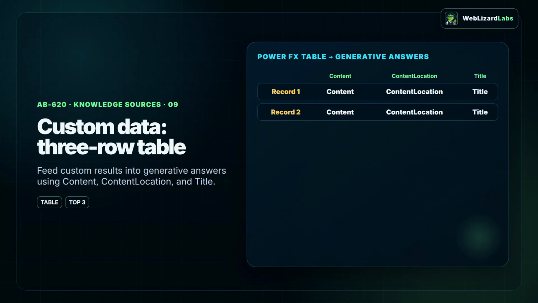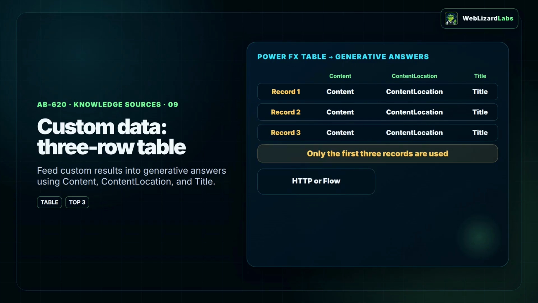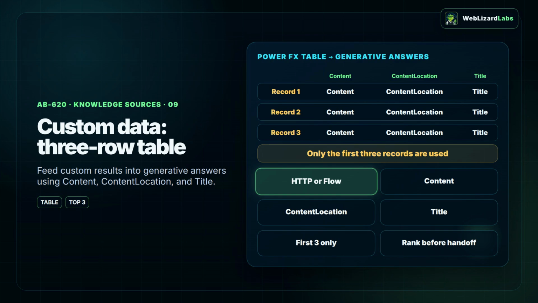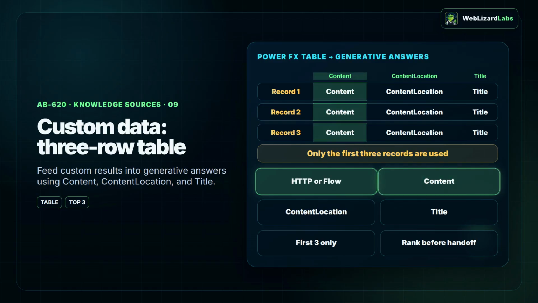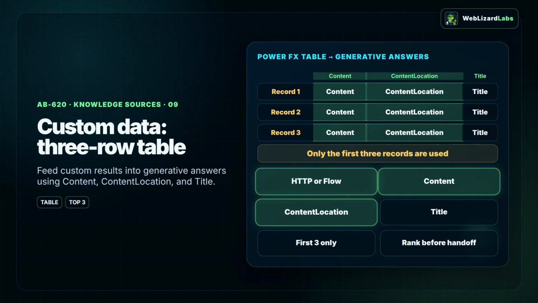Sometimes the source does not fit SharePoint, uploaded documents, or a normal connector. That is where custom data can feed a generative answers node. Custom data must be provided as a PowerFX table with 3 columns: content, content location, and title. Content is required. Content location is an optional citation URL. Title is an optional display label.